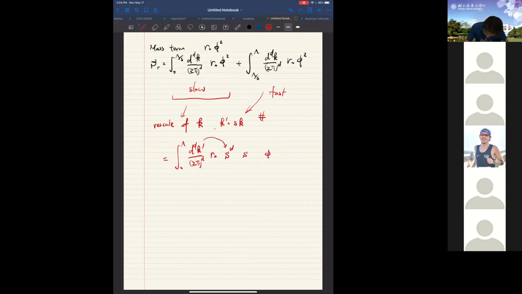However, each rescaled field will contribute a minus (d+2) here, right? I'm doing something wrong. It should be d minus 2.